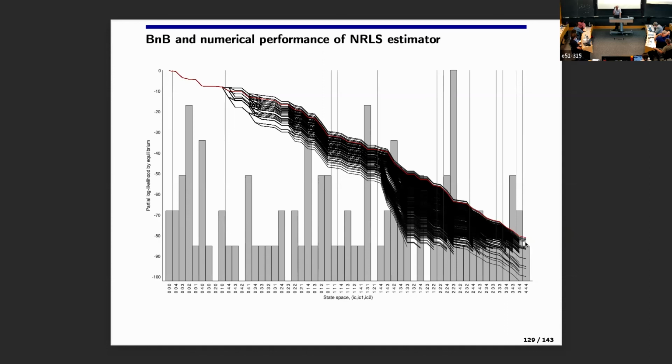And the reason that we can do this is that we have this nice tree structure of the equilibria that we've discovered and described in the solution, and the fact that by adding more data to the partial likelihood, this function can only decline. Now the computational question is, what data would be good to distinguish between different equilibria?